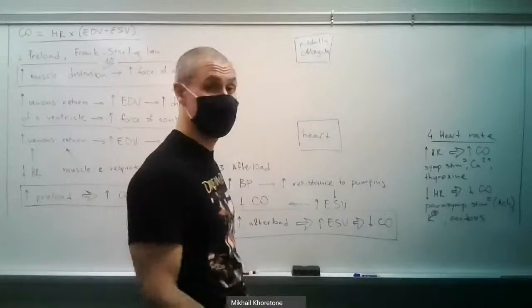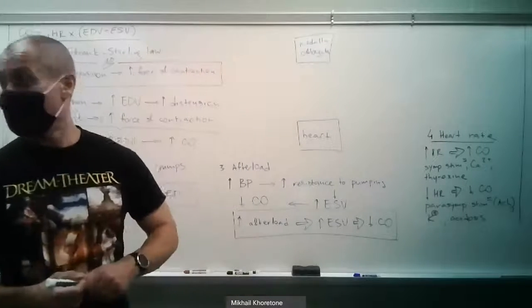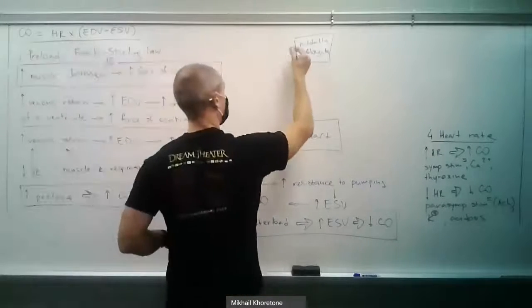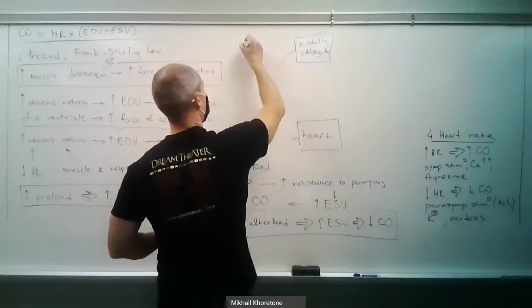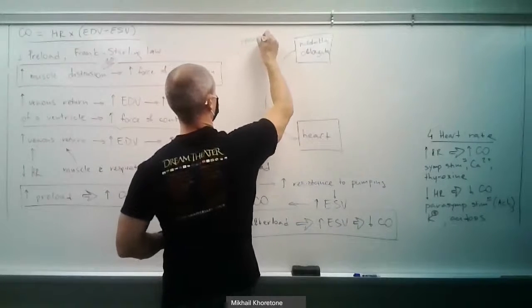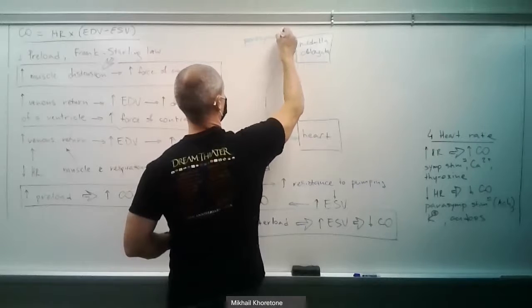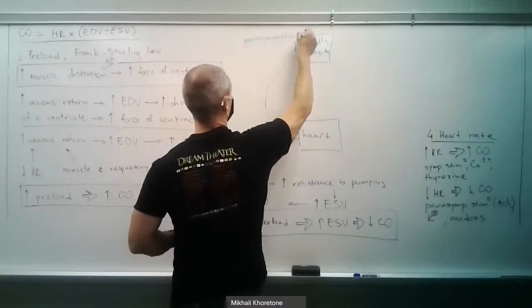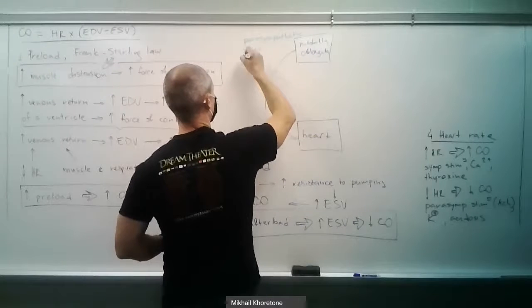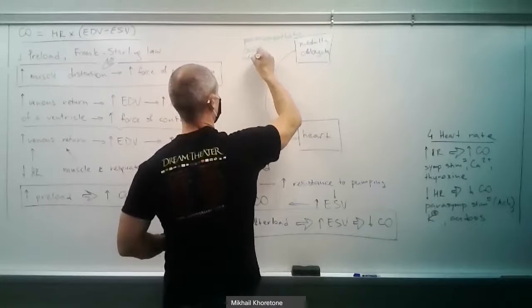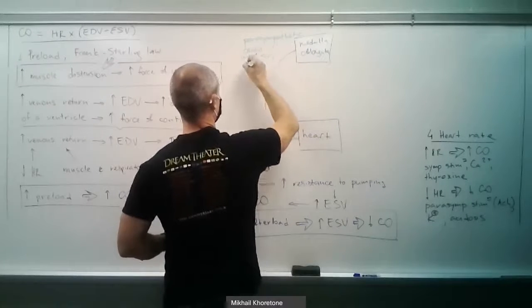So, one branch is parasympathetic. So, parasympathetic, cardio inhibitory center.